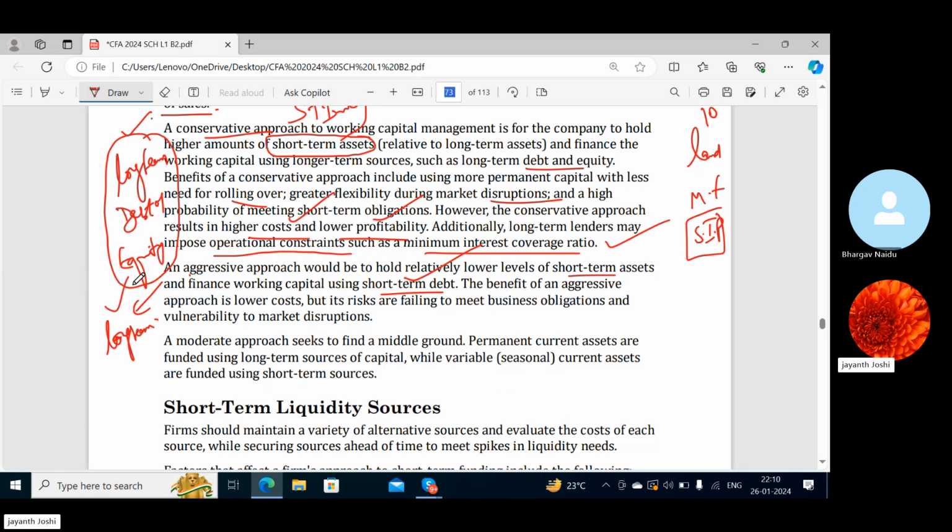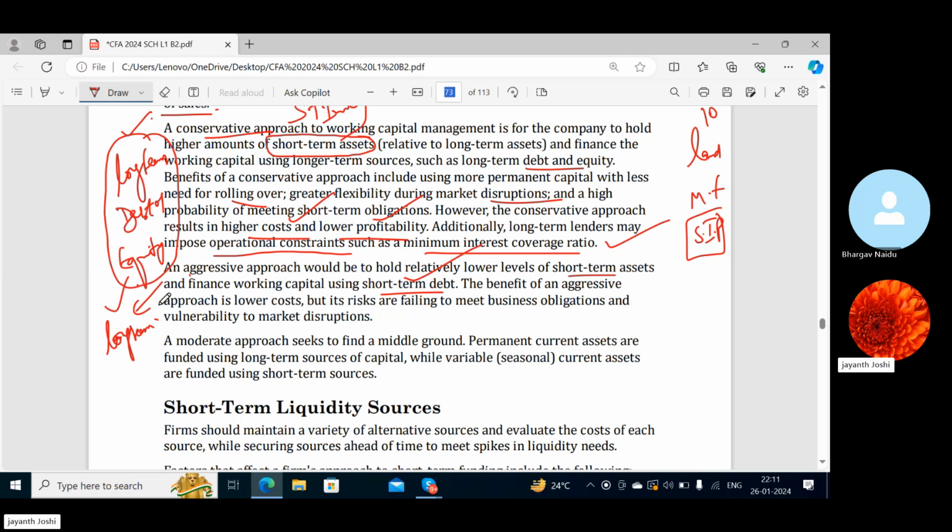They may invest heavily in some long term assets and use less short term assets, and they may not fund with long term debt or equity. They may fund more with short term debts because that is their nature. And what will happen if you are using short term debts for purchasing more inventory, or more of current asset, more of long term assets or something.